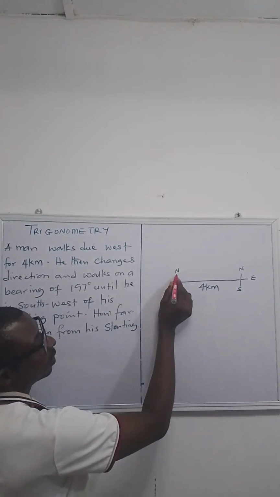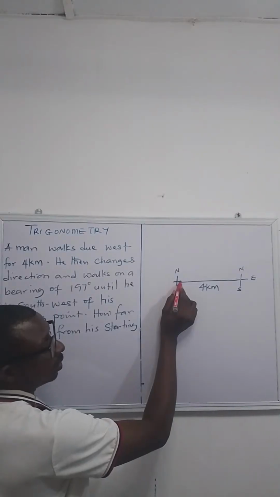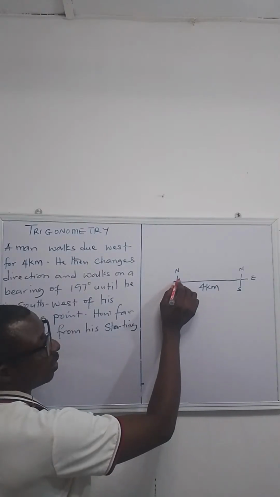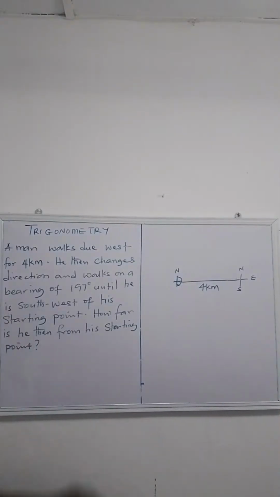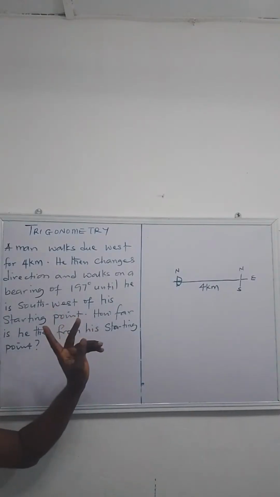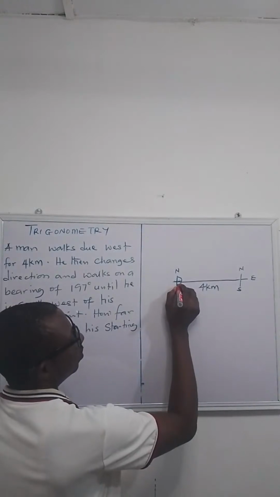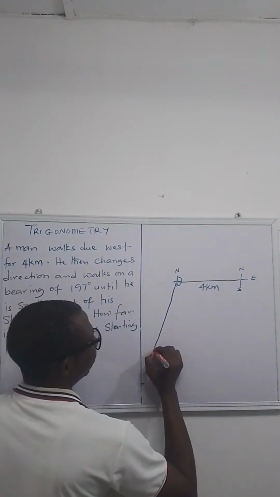Moving from north to east, I've covered 90 degrees. From east to south, that's another 90, making 180. And it's going to 197. So we are left with just 17 degrees. So it's going to move a little bit to the front like this.